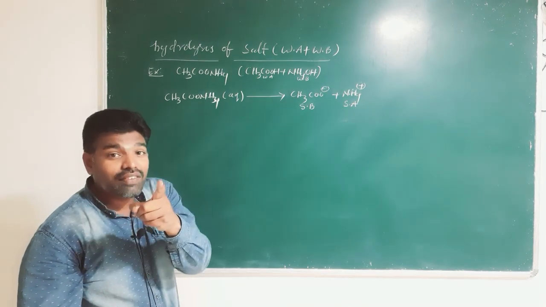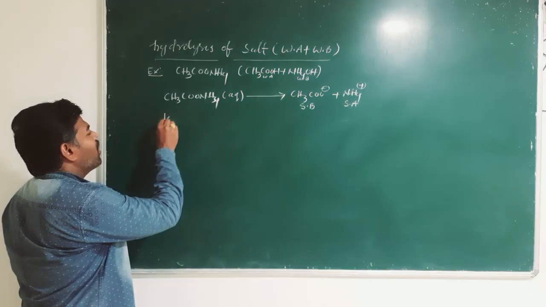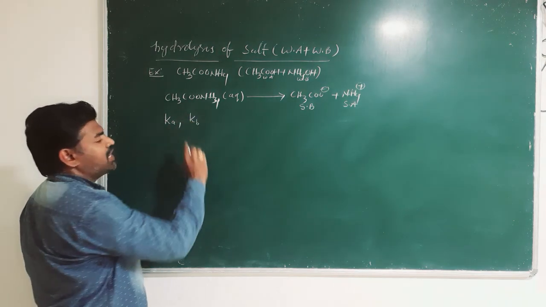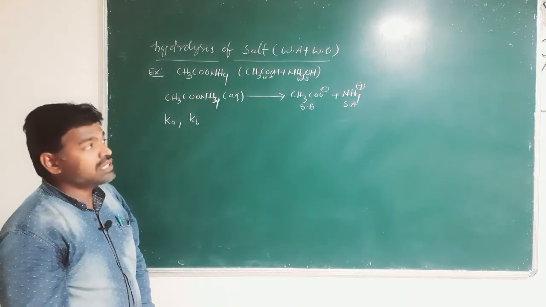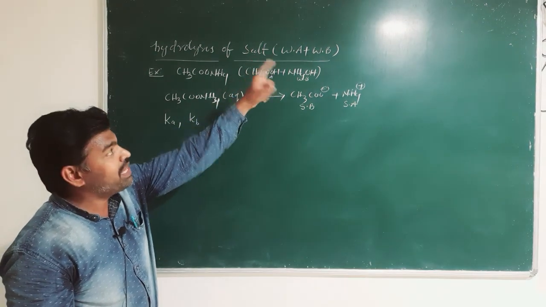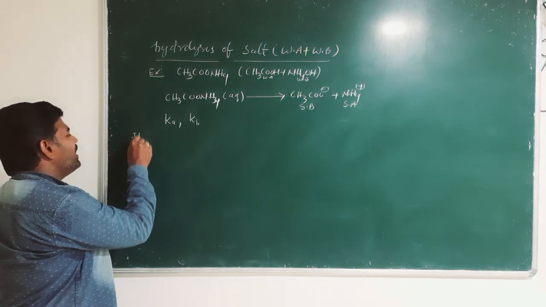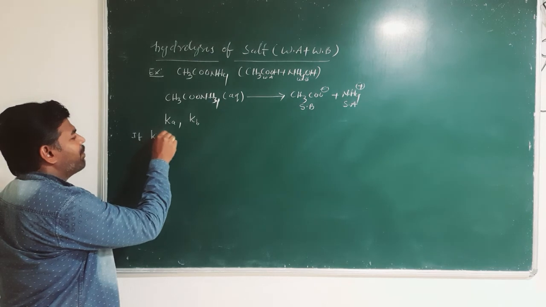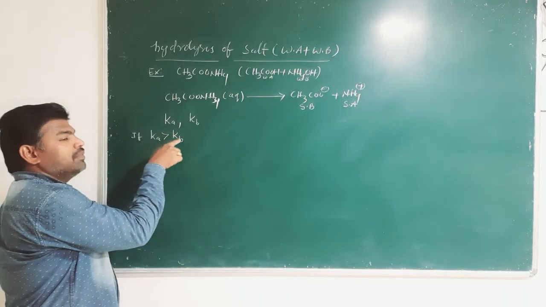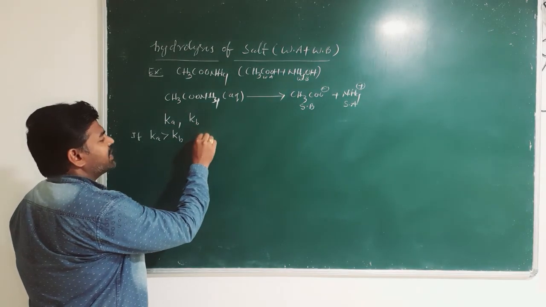But here, when we add water to ammonium acetate, the nature of the resulting salt solution depends on the acid dissociation constant Ka and the base dissociation constant Kb, because here the acid is weak and the base is weak. If Ka is greater than Kb, the resulting solution is acidic.